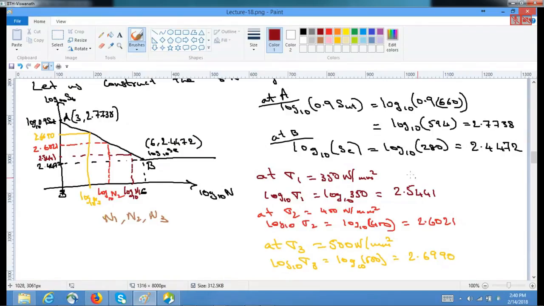Let me call this point F and this point E. So we already know E, we want to get F. So at the F, we will get it using trigonometric relations.